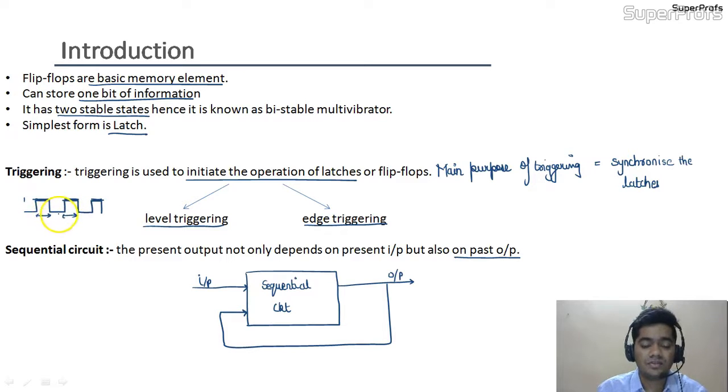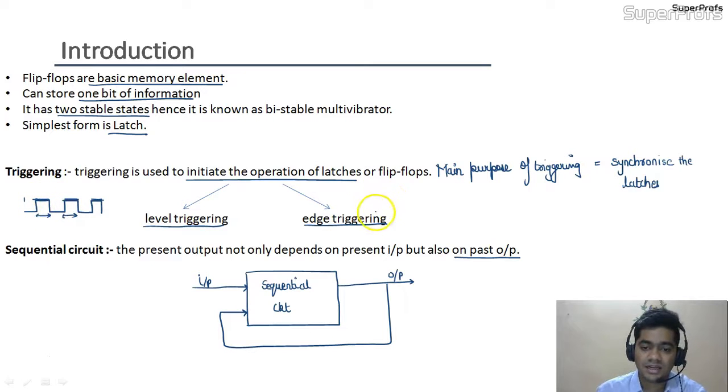Or if we are triggering a flip-flop at logic 0, or active low, then the working of the flip-flop would be affected on logic 0. So this is known as level triggering, either at level 0 or level 1.